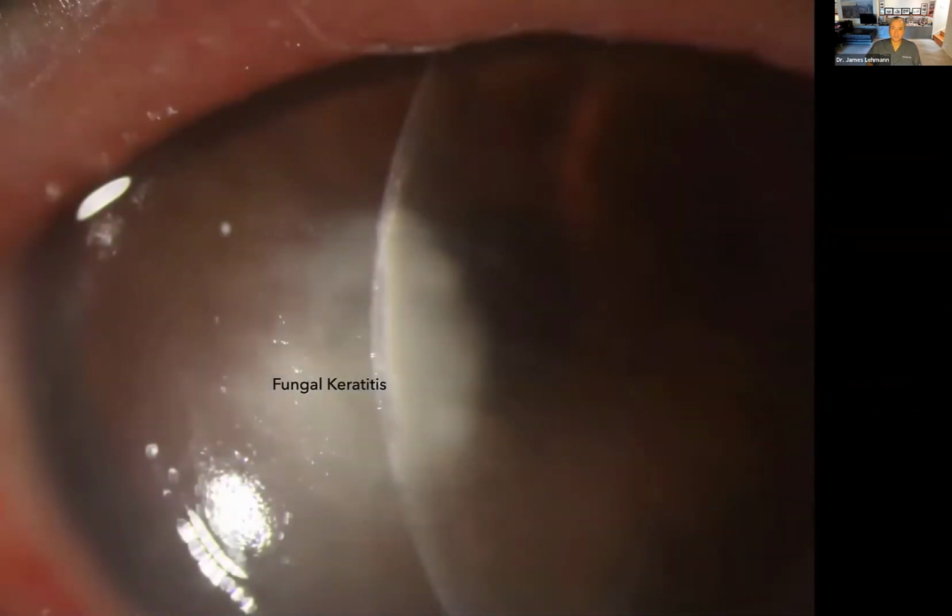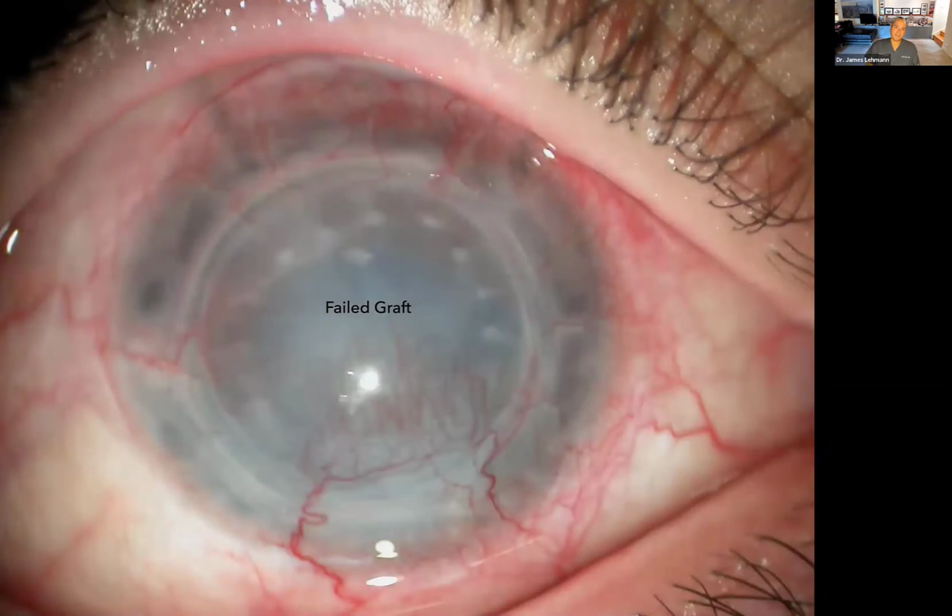So here's a specific indication, fungal keratitis. This is not a severe fungal keratitis. This is what we see in the US, and we wouldn't go and do a transplant for this. What we would do is treat this with topical antifungal medicines until it healed up and a scar developed, and then do a corneal transplant. And here's a very vascularized failed graft.